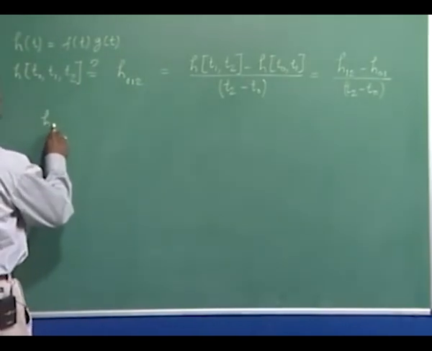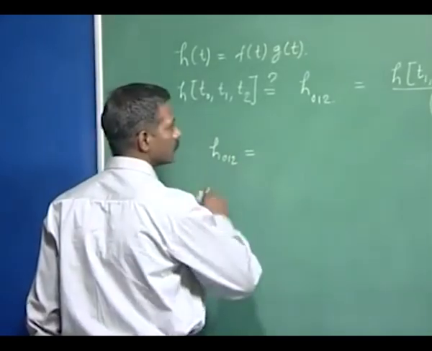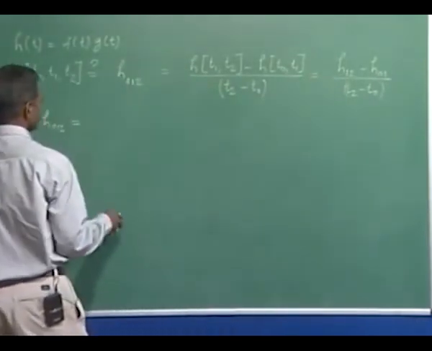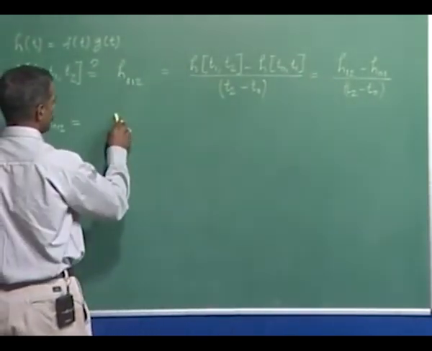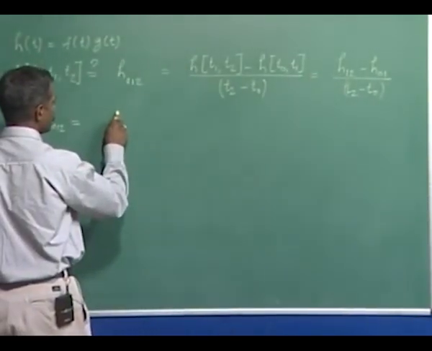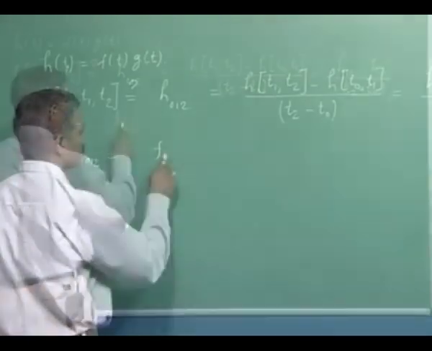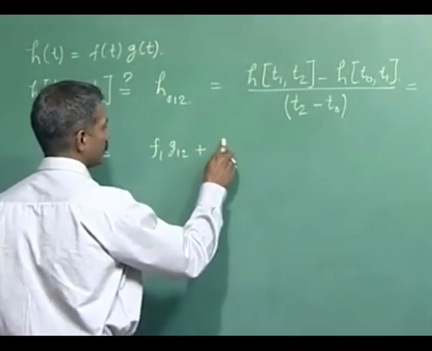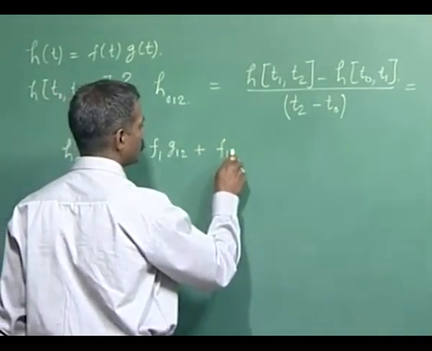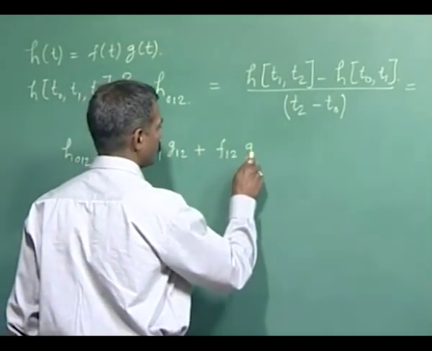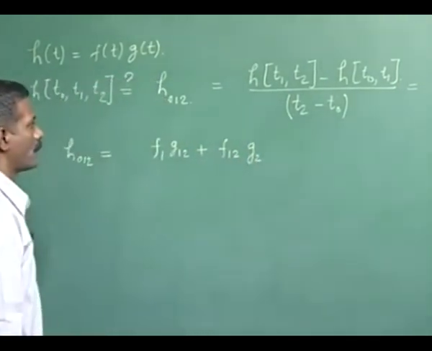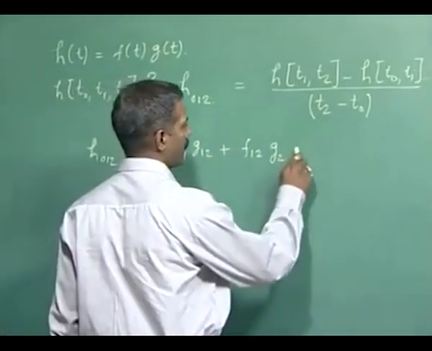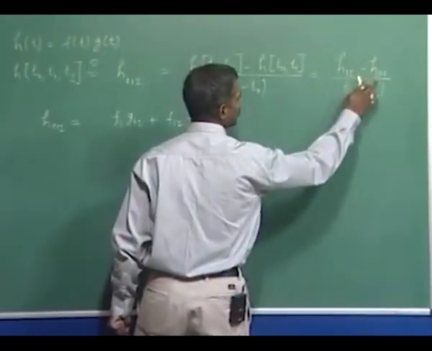So h_012 equals, now what is h_12? h_12 will be f_1 g_12 plus f_12 g_2, minus, what is h_01?